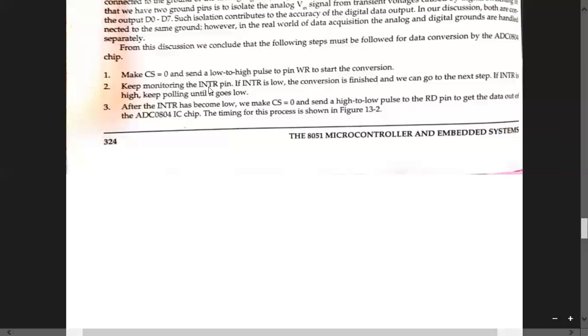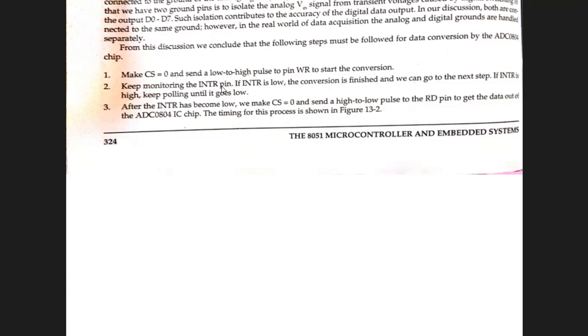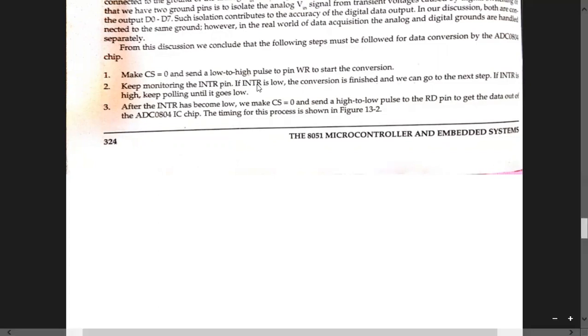When the interrupt pin is high, some subroutine program is running, correct? So we need to wait till the interrupt pin goes low. When it goes low, that means the subprogram which was running parallelly has executed successfully and now there are no interrupts.